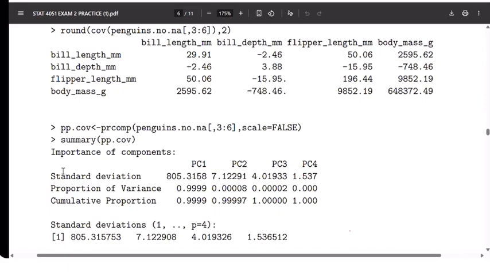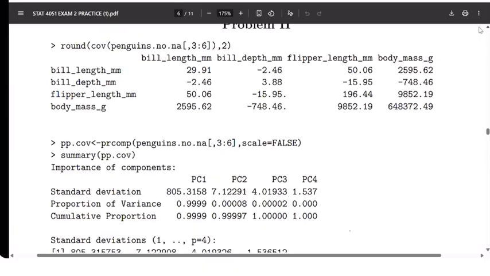The standard deviation of the first principal component is 805.3158. If I want to find the variance, I will square the standard deviation. You can see everything is already provided in the R output. It is just left to you to do the needful. So the square of the standard deviation is the variance.